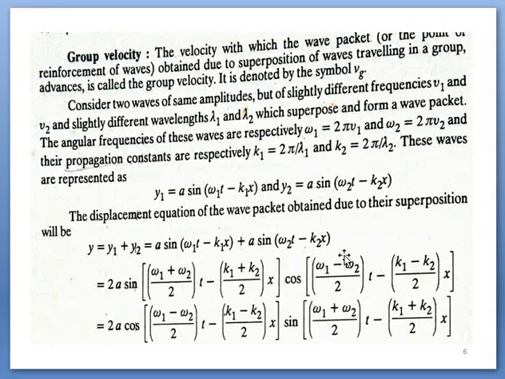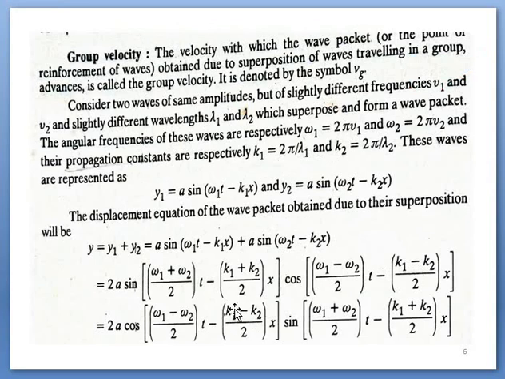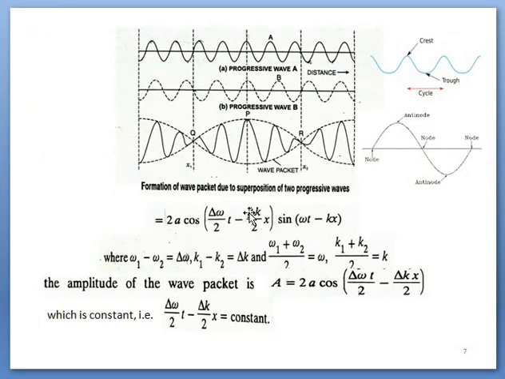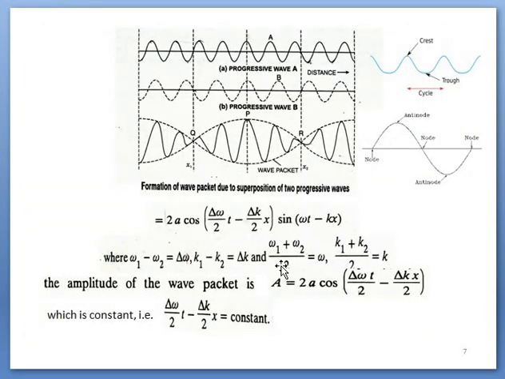So here the cos term is kept in front as a factor of sine. The 2 and a remain the same. Again, we consider that the difference between these two angular frequencies is equal to delta omega, and the difference of the propagation constants is equal to delta k, and the mean of the two angular frequencies is equal to omega, and the mean of the propagation constants is equal to k.